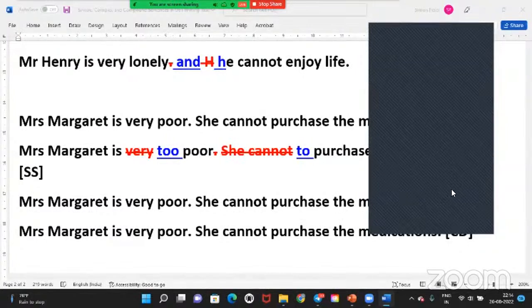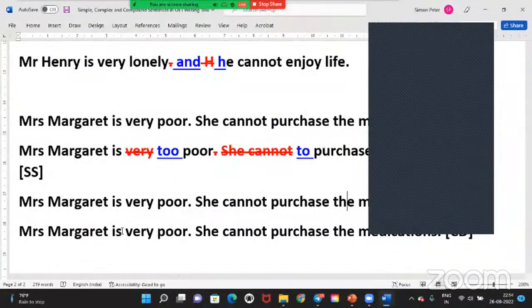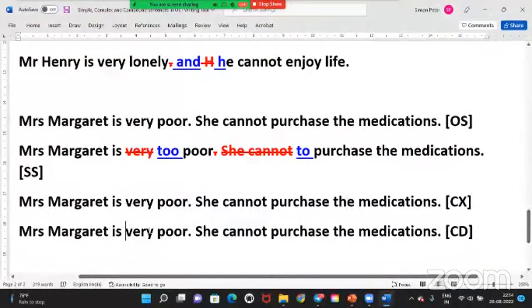Anybody? Yeah, Dr. Imran Rashid, you are going to tell the last one, the compound sentence. Complex will be given to somebody else. You tell me.